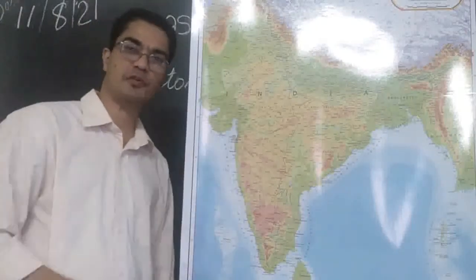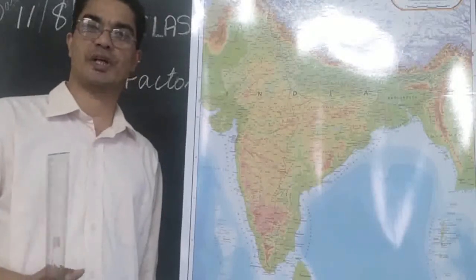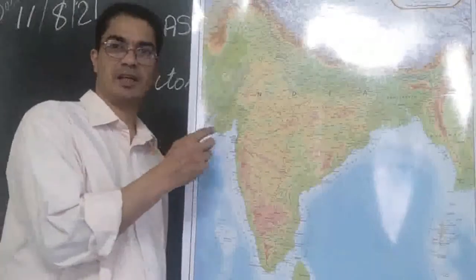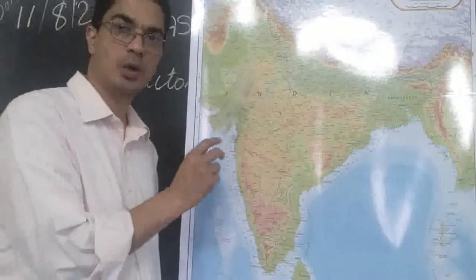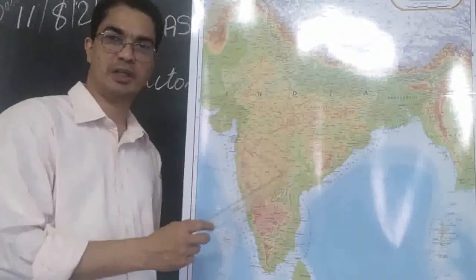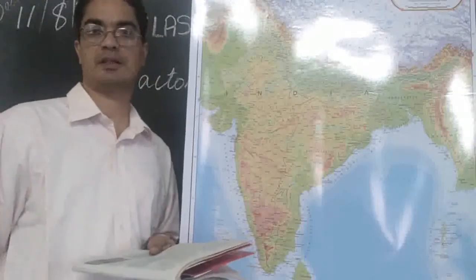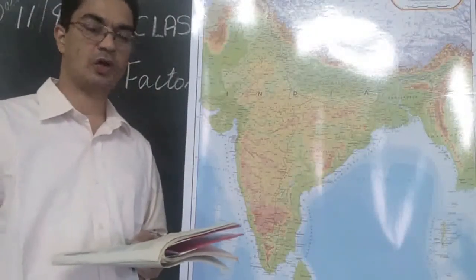The land is supposed to be very dry. But we know we are getting rain. We have monsoon rain and so on. So let us see this easterly wind. Though these easterly winds are not bringing any rain to India, still we are not very dry. What is the reason? So let's just see what this Coriolis Force is.